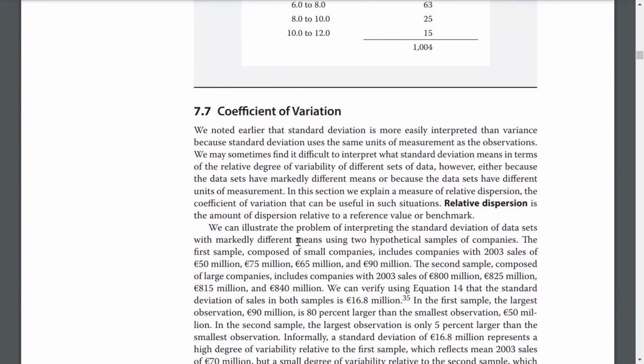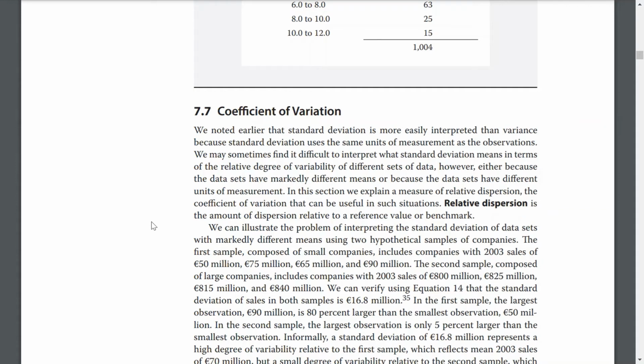Section 7.7 of Reading 8, CFA Level 1: the coefficient of variation. We noted earlier that standard deviation is more easily interpreted than variance because standard deviation uses the same unit of measurement as the observations.